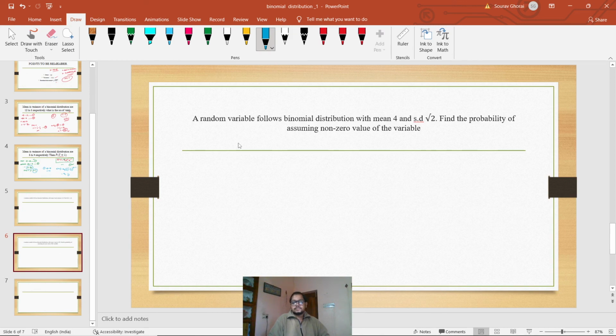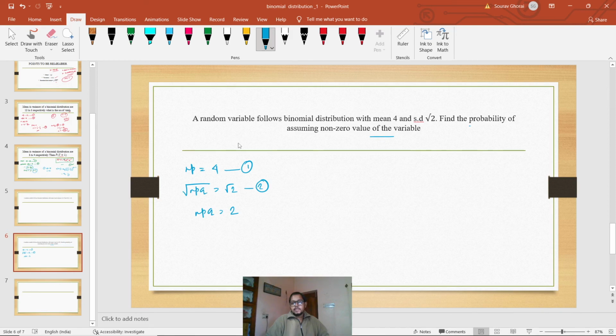So this is quite a little bit tough question. The random variable has mean 4 and standard deviation root 2. So here we can write that np is equal to 4 and root over npq is equal to root over 2. If we square it, we find that npq is equal to 2. Now the question is how can we find the probability of assuming a non-zero value of the variable?